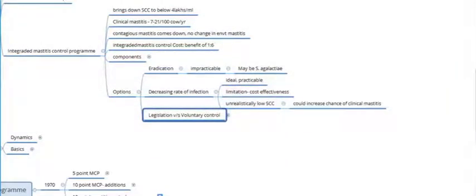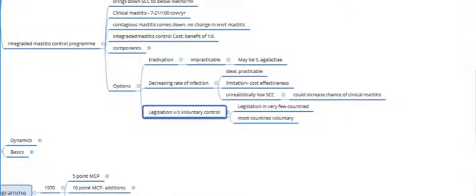Now, how can we implement a mastitis control program? We can do it in two ways. Either we put up laws and enforce them, so that everybody in the dairy production sector complies and the others can be penalized. That is the legislation method, where you control it with an iron fist.